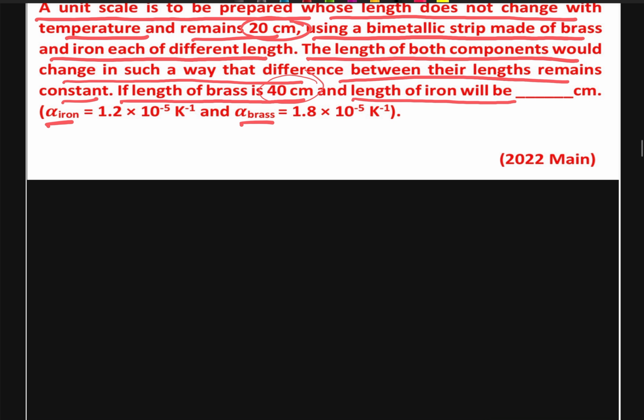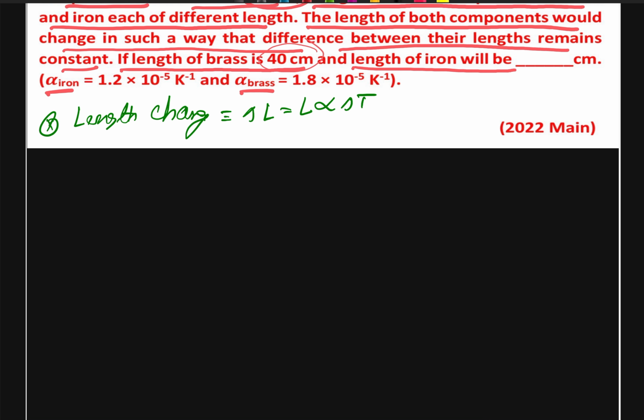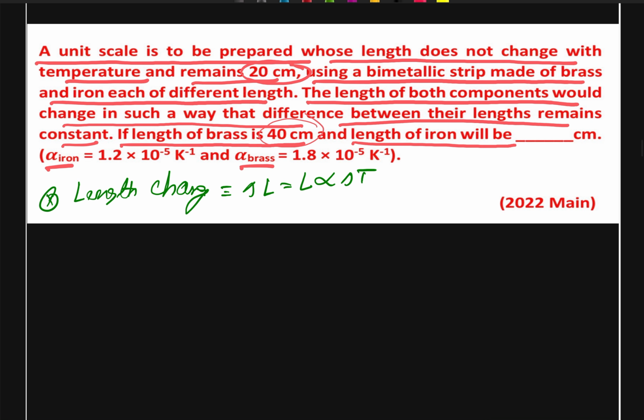Okay. So we know that the general formula for length change is delta L is equal to original length, times the linear coefficient of expansion, multiplied by delta T. And here we have two different components, brass and iron.